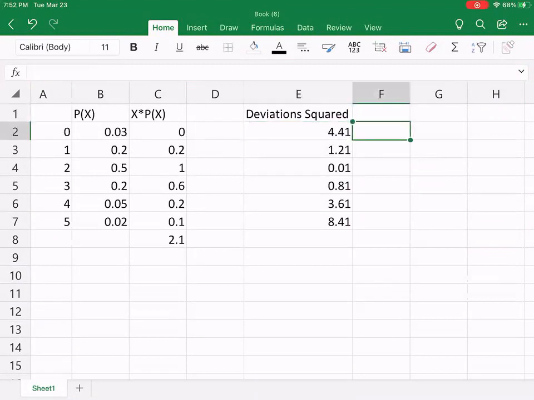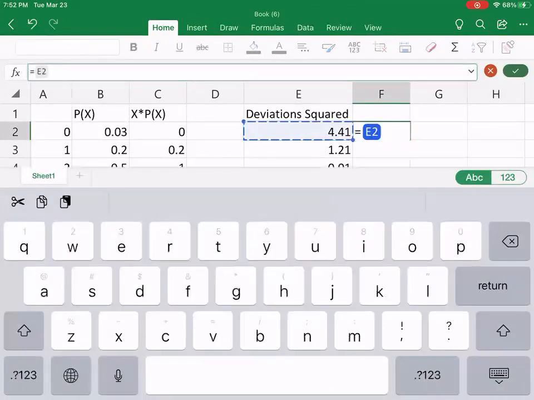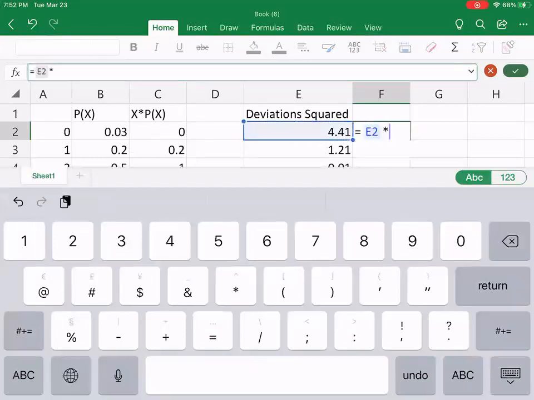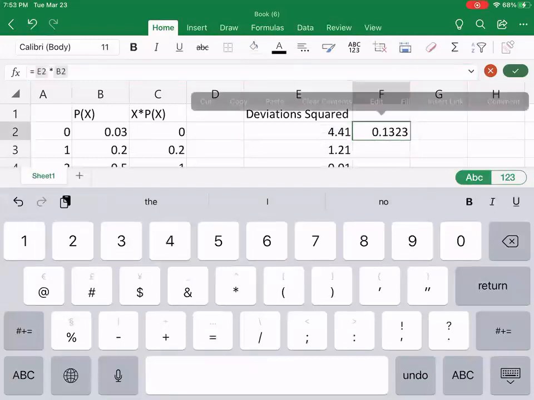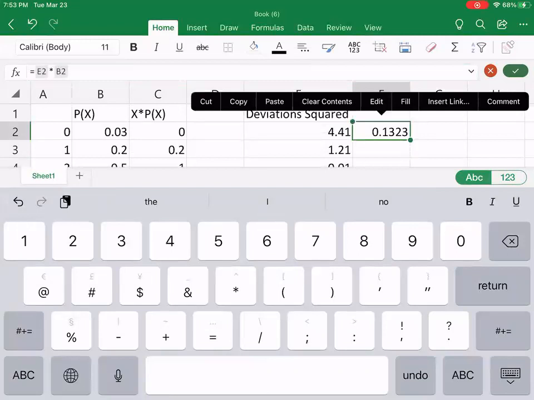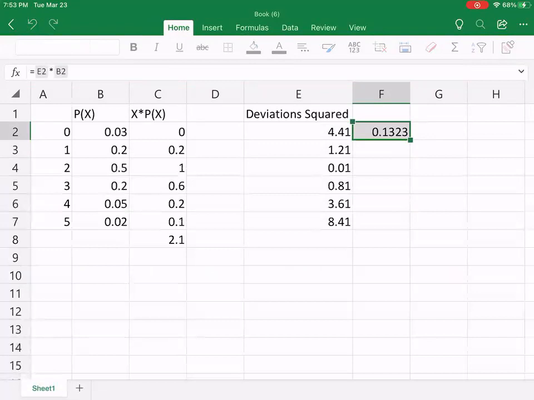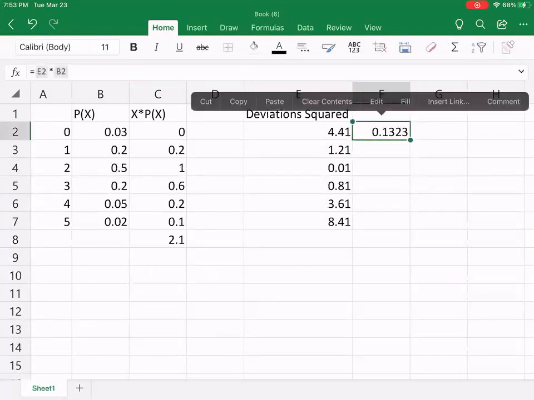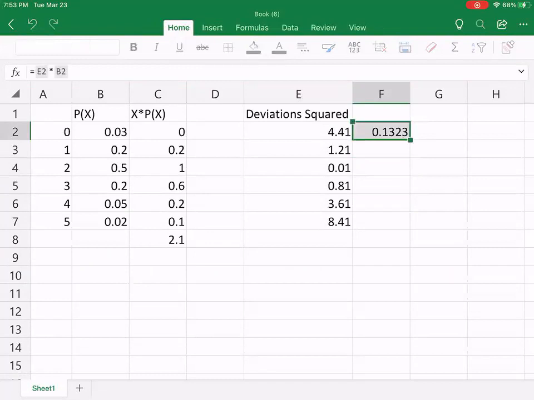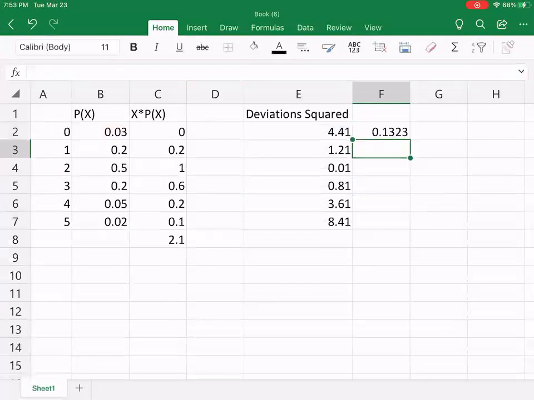So equals this times the probability here. There. And we want to drag. Anyway, just write them all out.